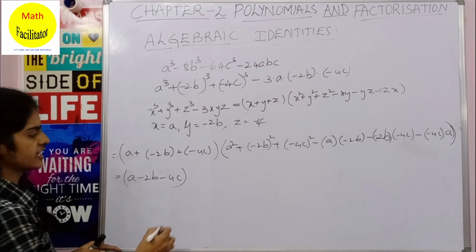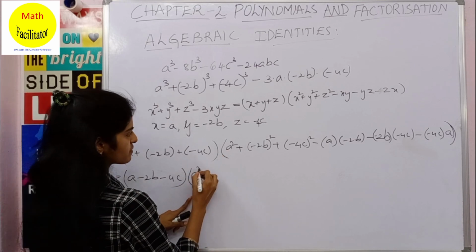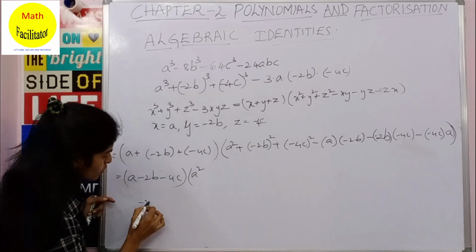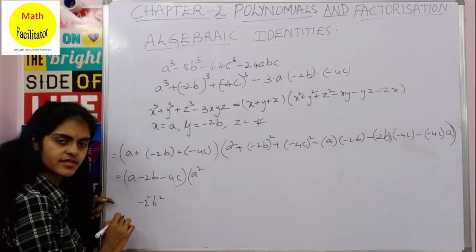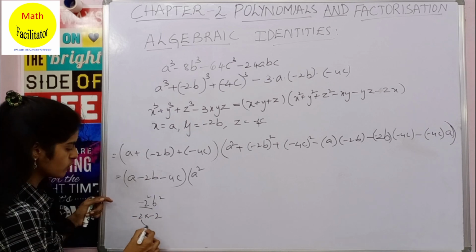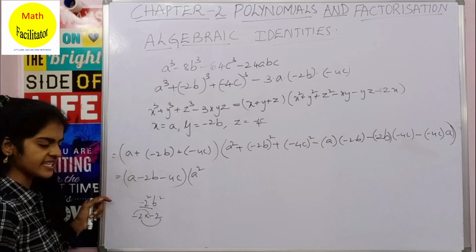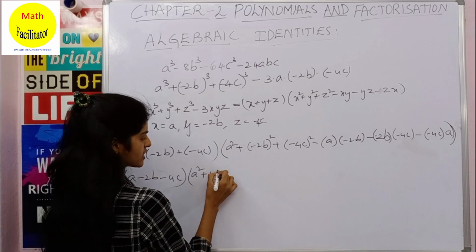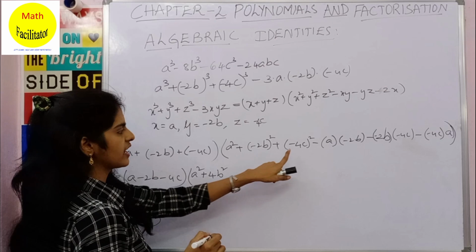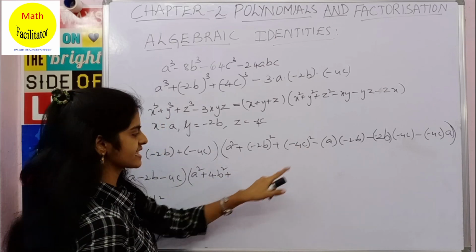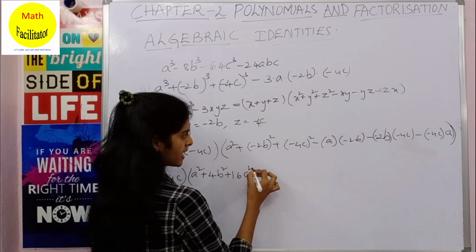Now here it is a square, plus minus 2b whole square. So minus 2 square is minus 2 into minus 2, so 2 2s are 4 and minus into minus is plus, so this is nothing but plus 4b square. Clear? Now again this is also in the same form, plus minus 4 into minus 4 is 16, so this is 16c square.